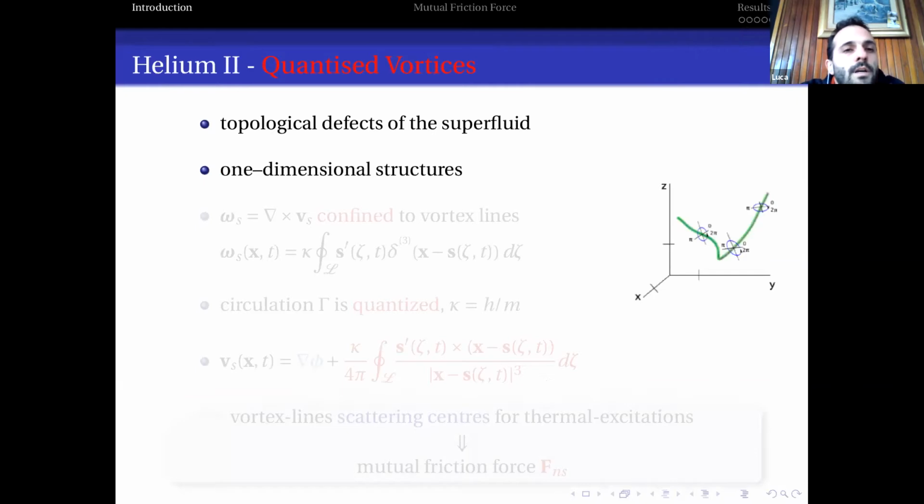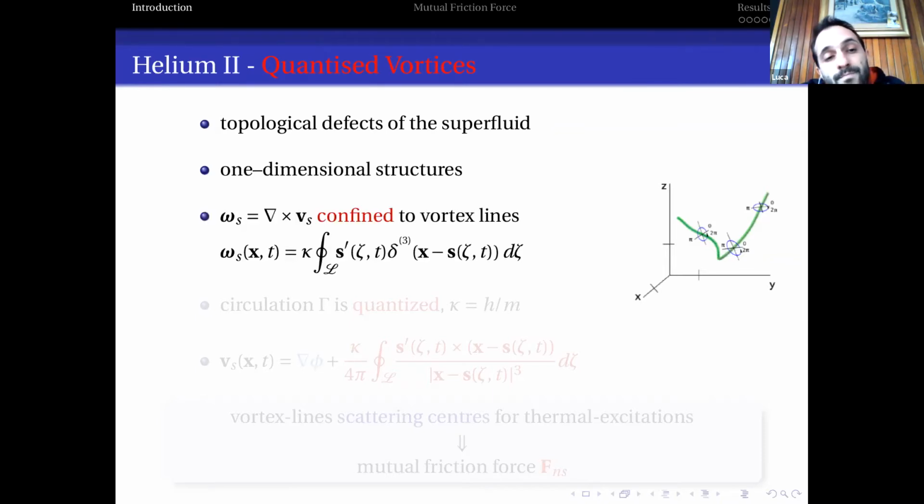Importantly, in helium II, when the velocity difference between the two fluid components is larger than a certain threshold, some critical velocity, then quantized vortices nucleate in the superfluid component, and these vortices are topological defects of the superfluid component and are effectively one-dimensional structures.